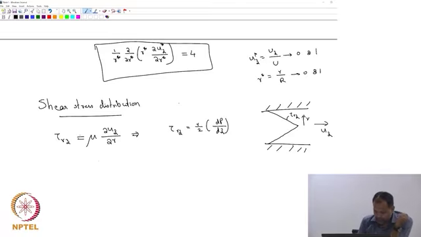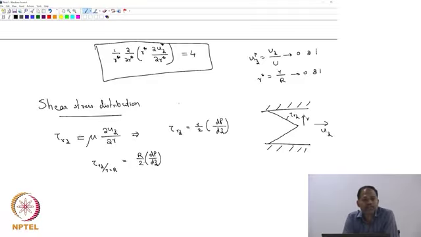So the shear stress at the wall, tau r z at r equal to capital R, is R by 2 into dp by dz. Okay.